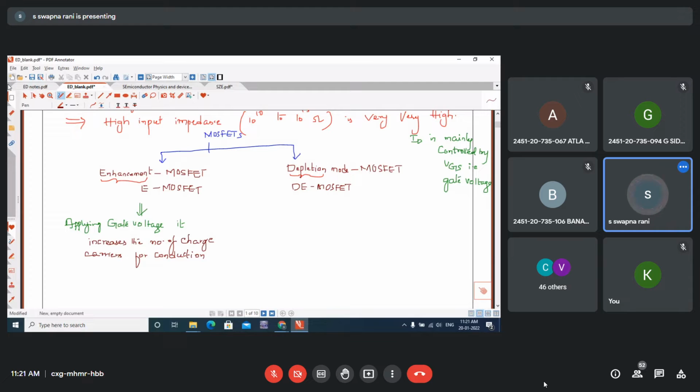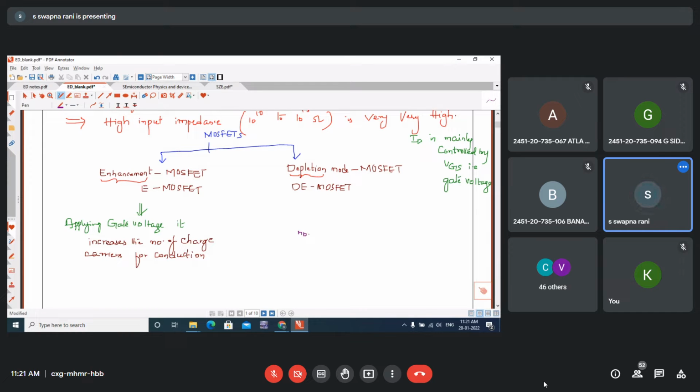Here, applying gate voltage, the number of majority carriers which are available for conduction are reduced. Here the reverse happens.